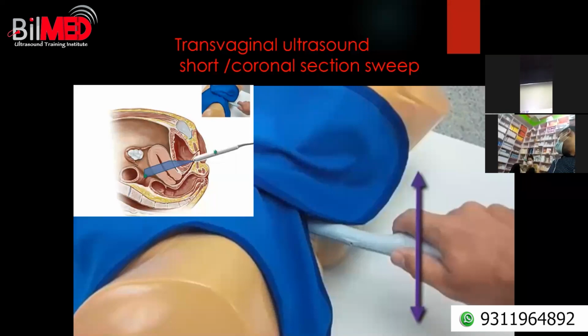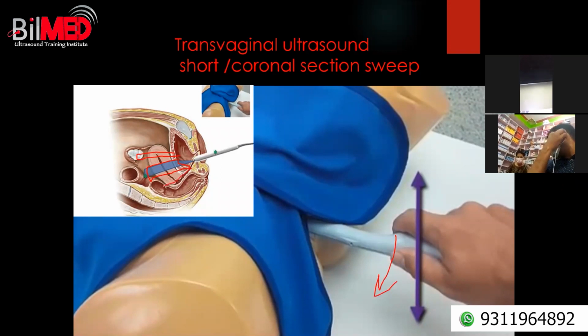Now see again, demonstrating the transverse section, because only this part you will see on ultrasound if you are taking the short section, I mean the transverse section. Now you want to see this part. For that you have to bring this handle down, and if you want to move on to this part, the cervix part, you have to move up.